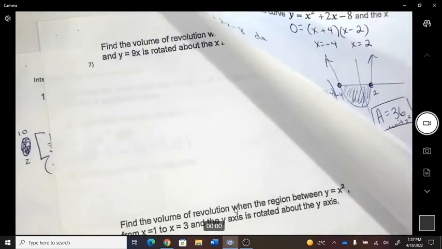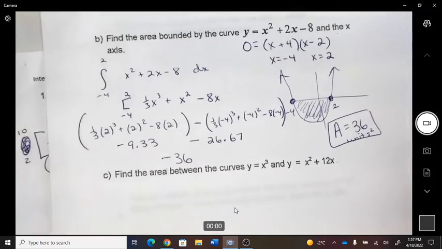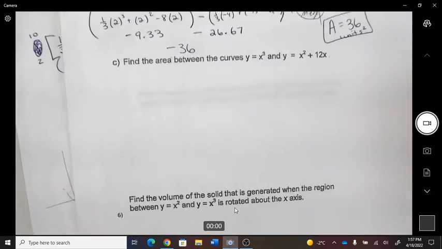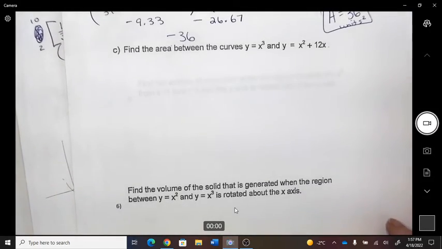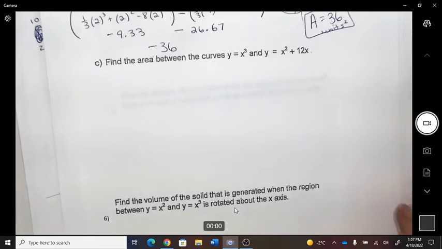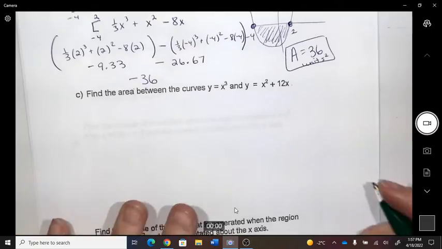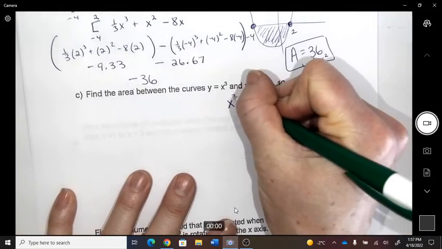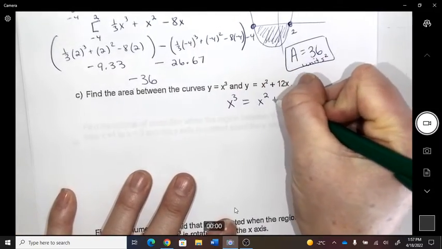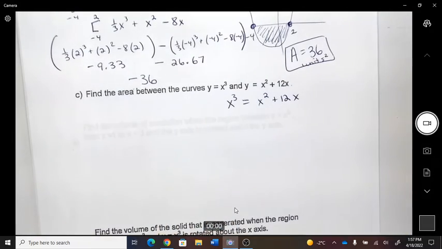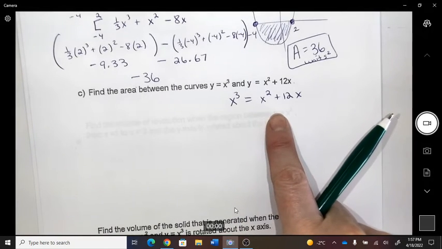Okay, last question. This will be the last type. Find the area between two things. So you'll have some of those. Okay, so where does this equal this? So probably understand this is a cubic and a parabola.